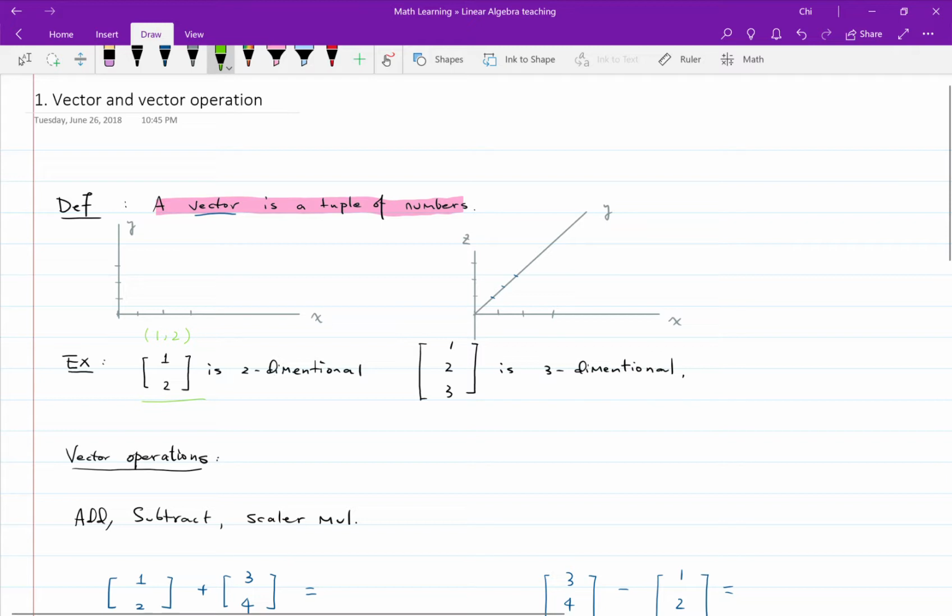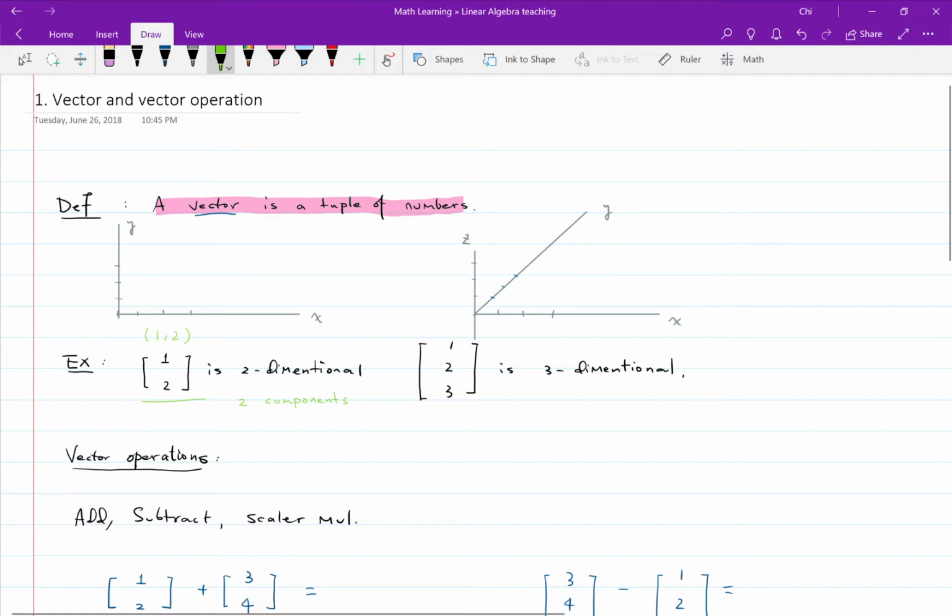And since there are two numbers in this tuple, we call this vector a two-dimensional vector. And this two-dimensional vector has two components. So those are just some terminologies.